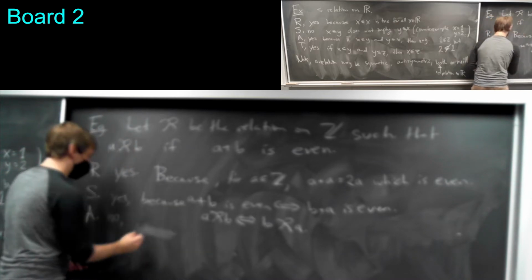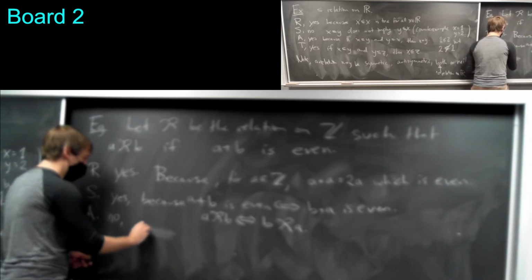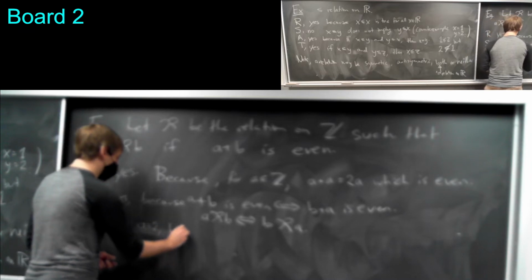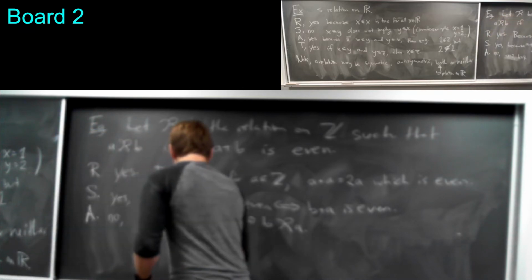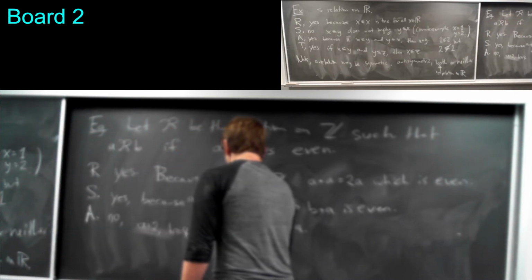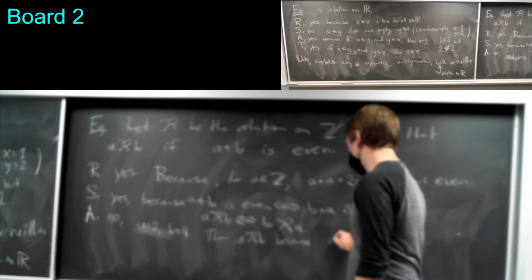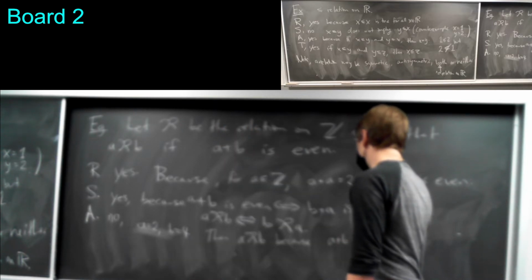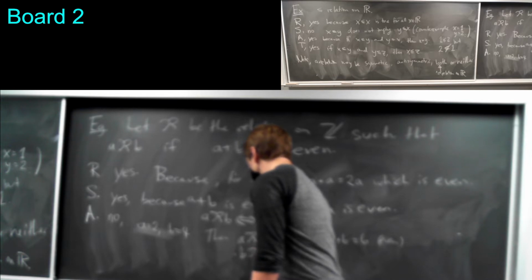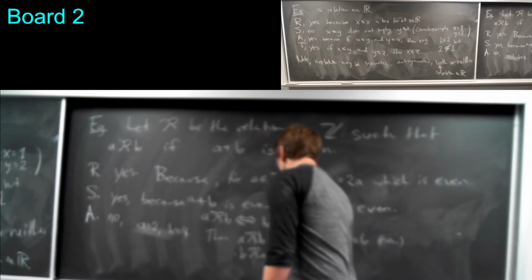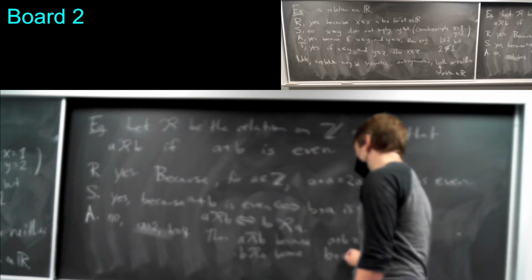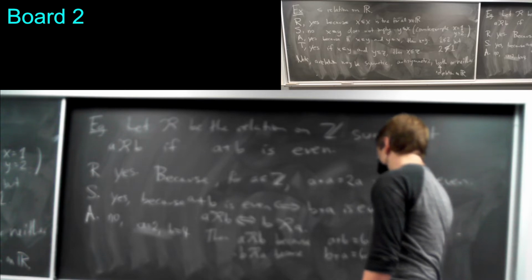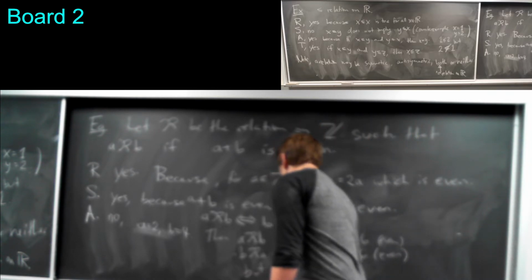So let's say I take a is 2, b is 4. That's a good example. Then a is related to b because a plus b is 6, which is even. b is clearly related to a because b plus a is 6, which is even, but a is not equal to b.